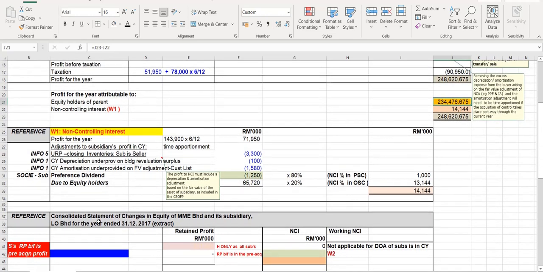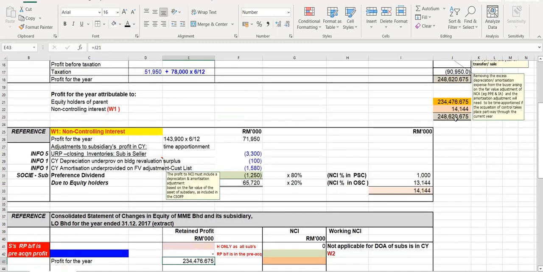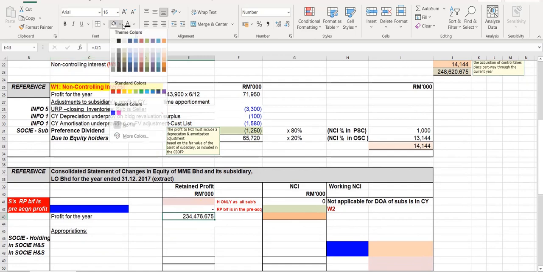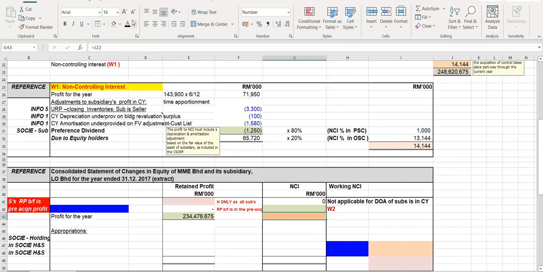Now you proceed with the statement of changes in equity. First, I would suggest you to put those figures here, which is the profit for the year. Take that figure that you earlier calculated, which is the figure here, and also the non-controlling interest that you just calculated, the one here.